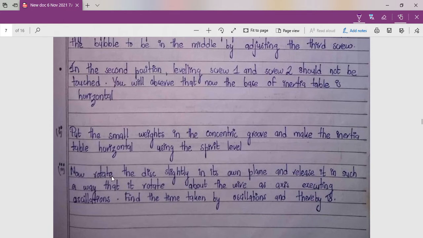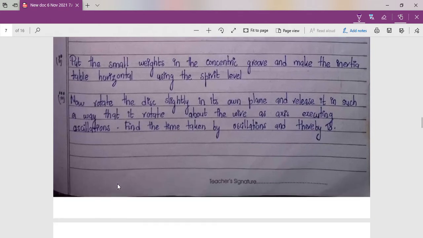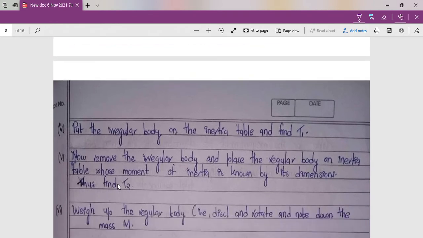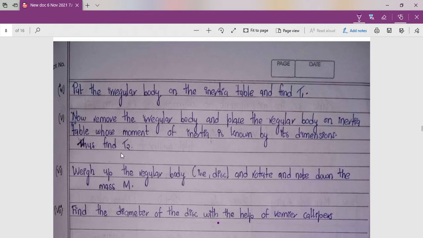Now keep the inertia table alone and note the time period for a number of oscillations and thereby find T0. In the same way, find T1 and T2 by keeping the irregular body and regular body on it.